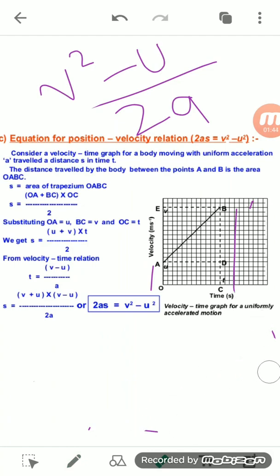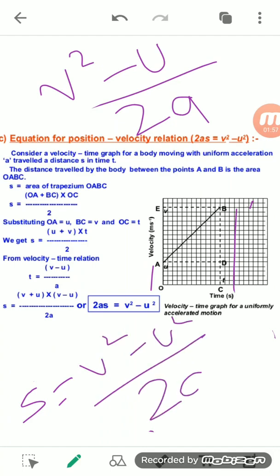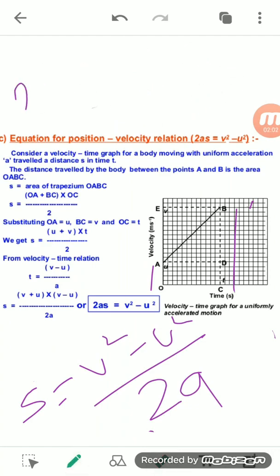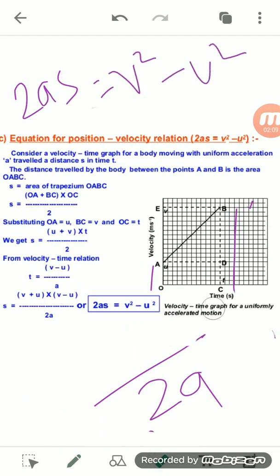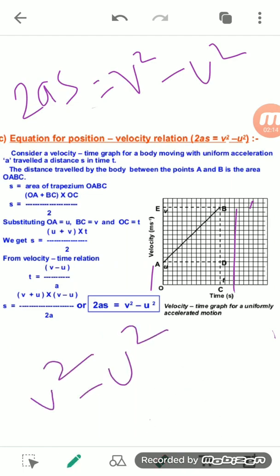Now we are calculating the distance traveled, S. So distance traveled S is equal to V square minus U square upon 2A, or 2AS is equal to V square minus U square, or V square minus U square is equal to 2AS.